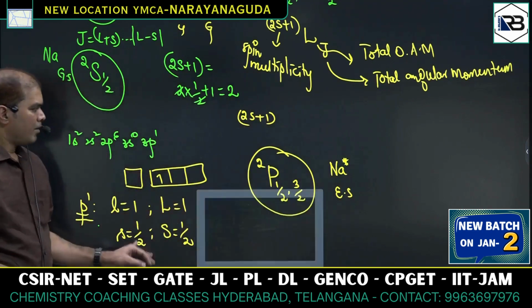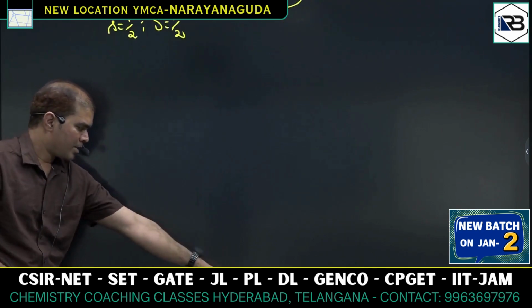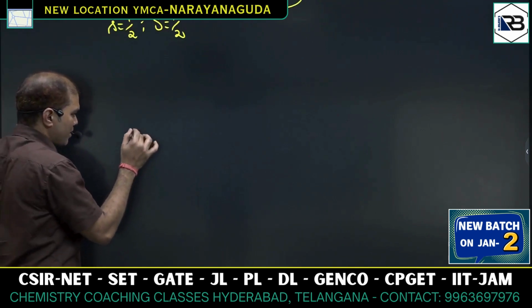Now let us look at the transitions. Why were the street lights yellow orange in color? Presently they are replaced by LED lights, but previously we used to have sodium vapor lamps.